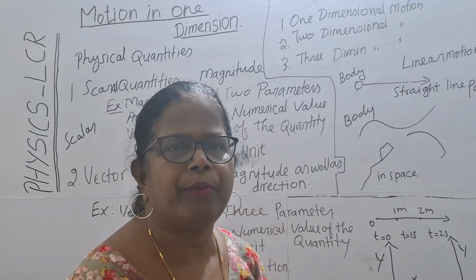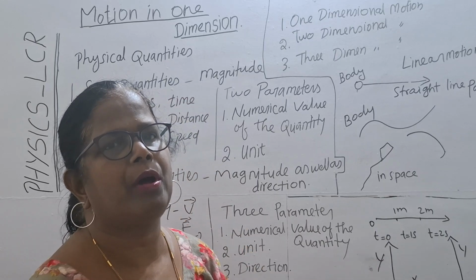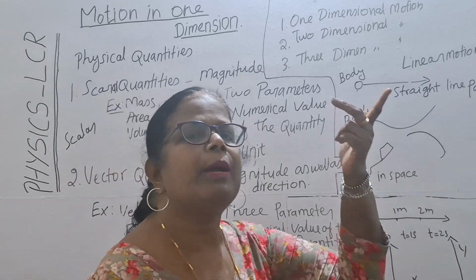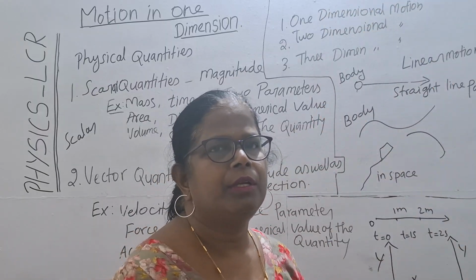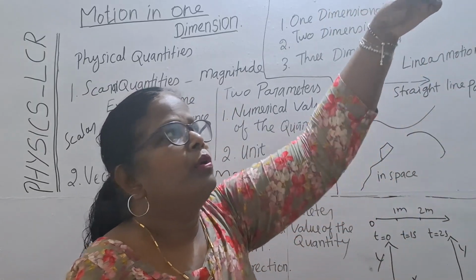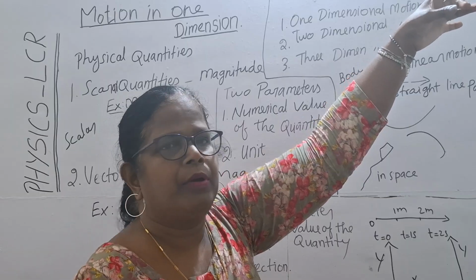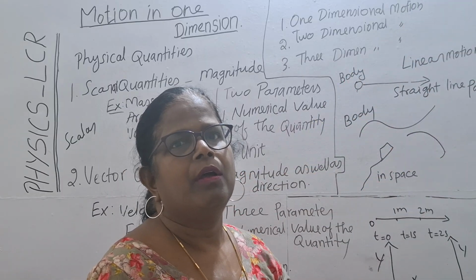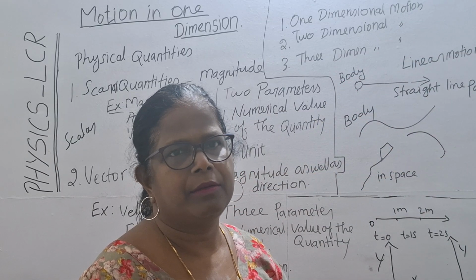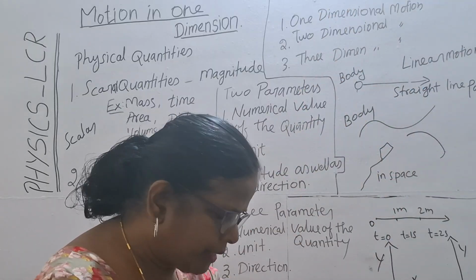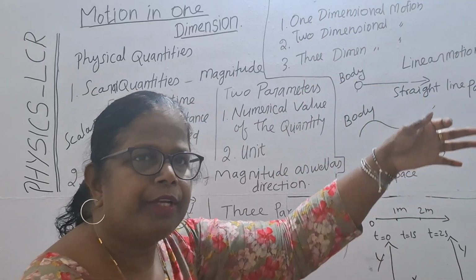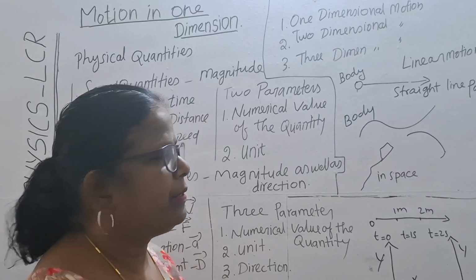Linear motion also: when body moves in a straight line path, you are throwing a stone upward direction, you are going to throw any object upward, straightly it will go. Or you drop any object. This is also 1-dimension motion.